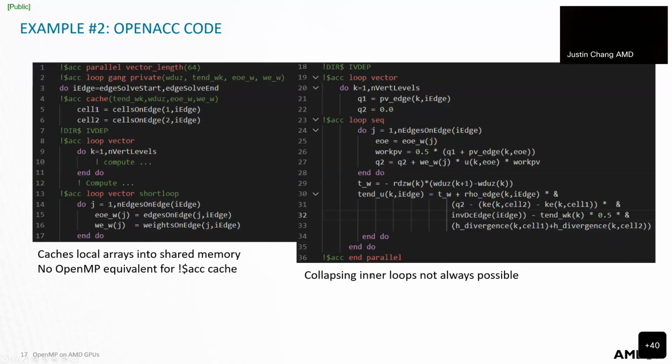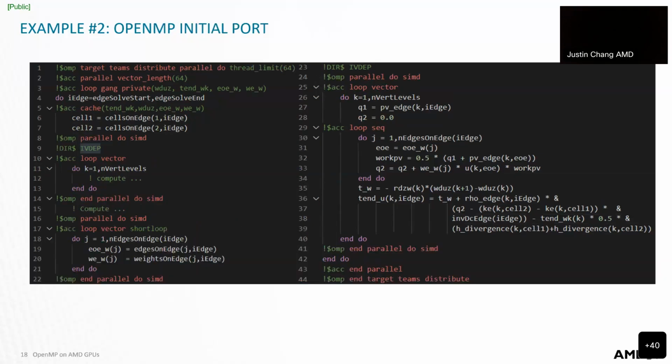And then the other point I want to mention is that collapsing the inner loops isn't always possible, because in the first example we demonstrated that we want to collapse loops as best as possible to utilize the AMD hardware as best as possible. But what we can do here is, let's first apply the direct initial port.